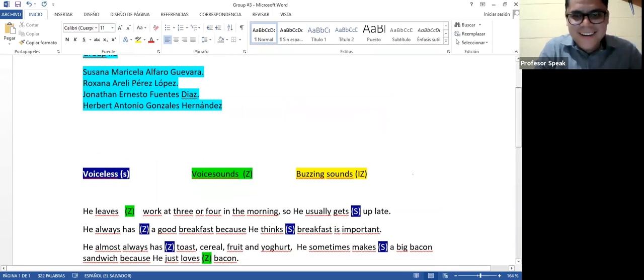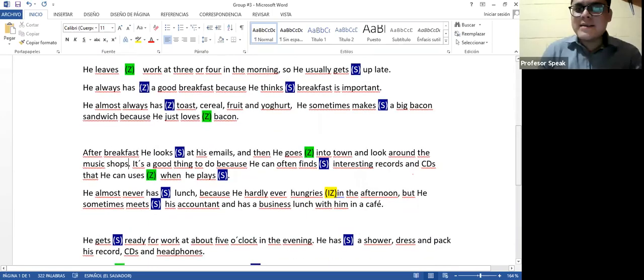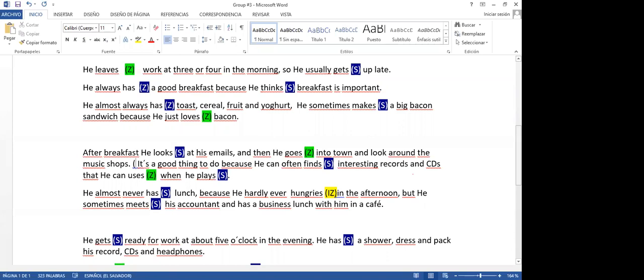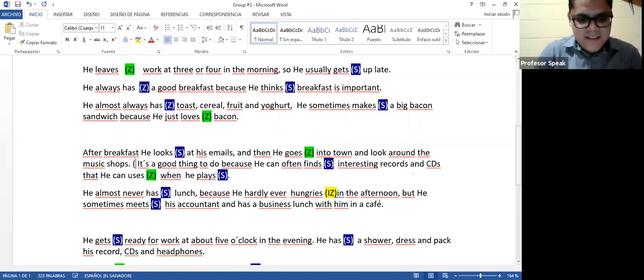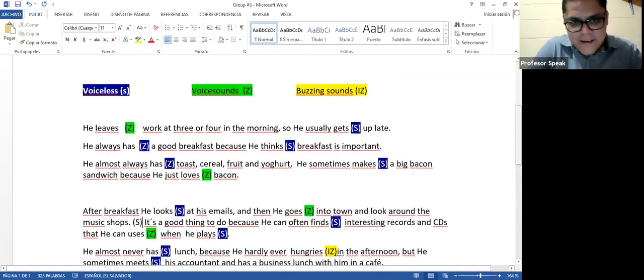Okay, so shop is a noun. What is the pronunciation form for the letter S? Shops, with S. Yes. Okay, right.